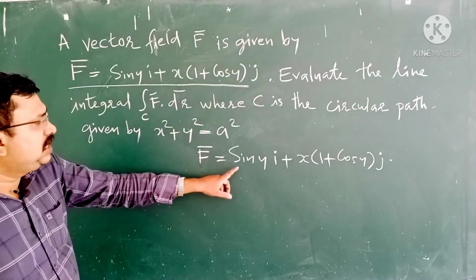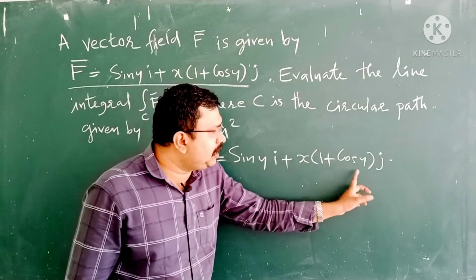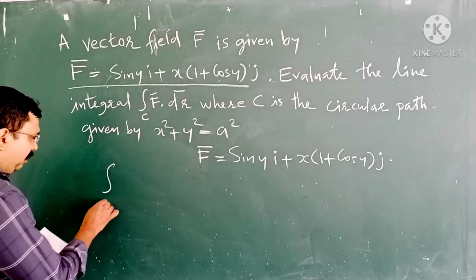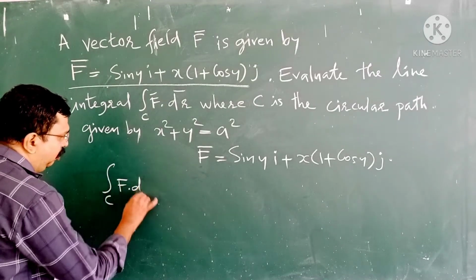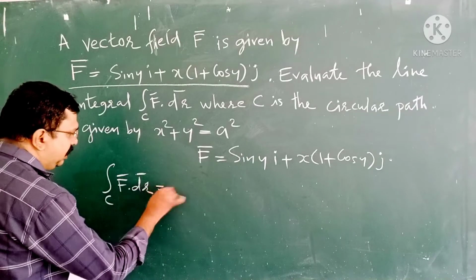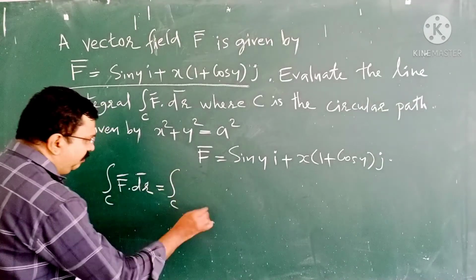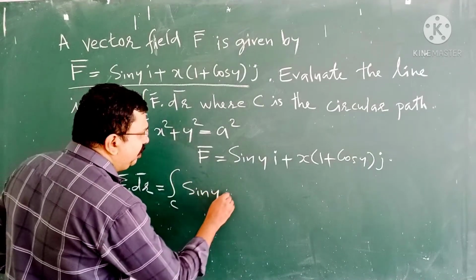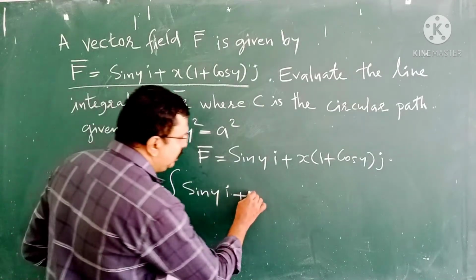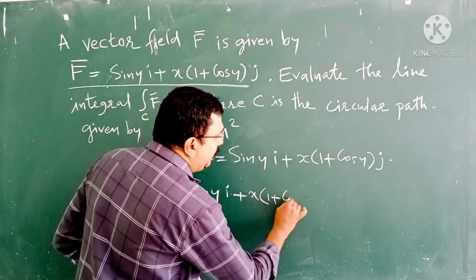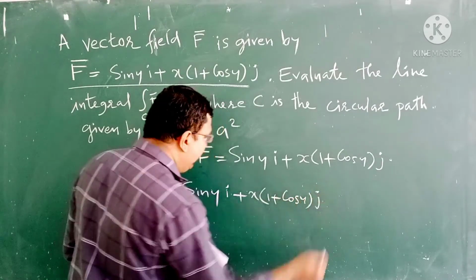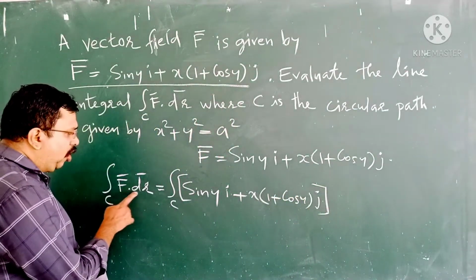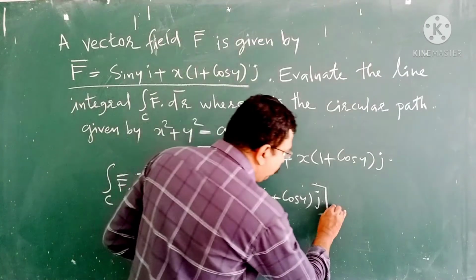Then we can find the integral over C of F dot dr, which is equal to the integral over C, where F is sin y i plus x into 1 plus cos y j, dotted with dr. Here is a dot product.